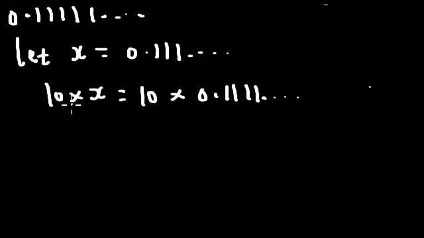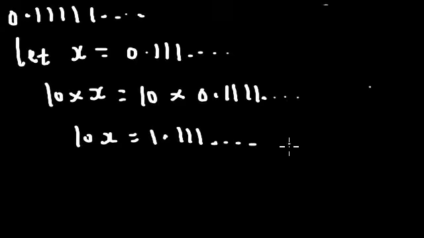Perfect. So for the left hand side, we have 10x. And for the right hand side, 10 times 0.111 would shift the decimal point 1 unit to the right, and then we have 1.111 continuously. Am I communicating? Perfect.